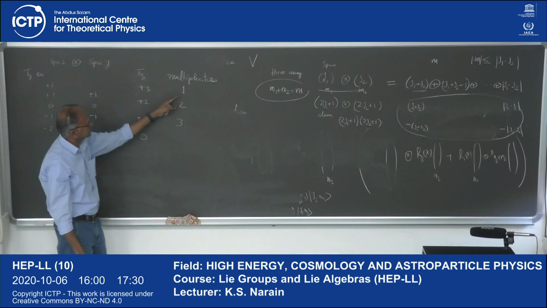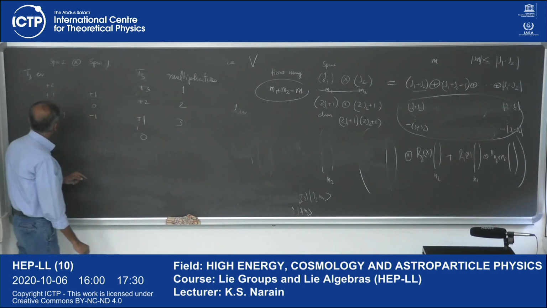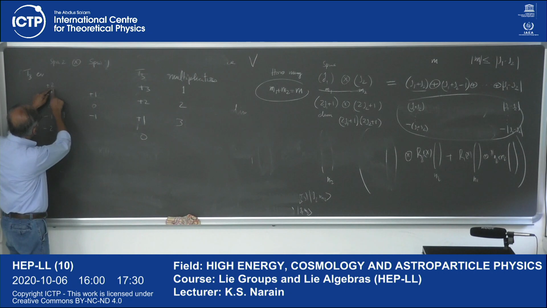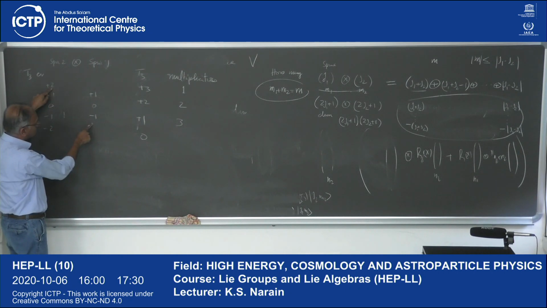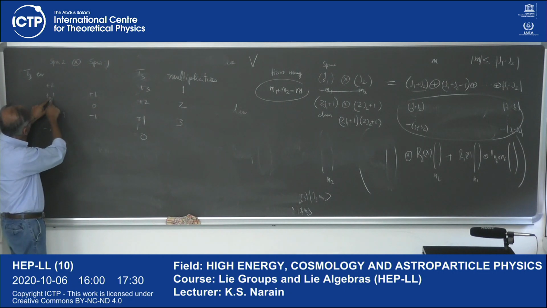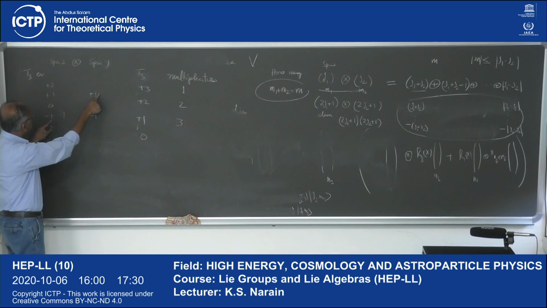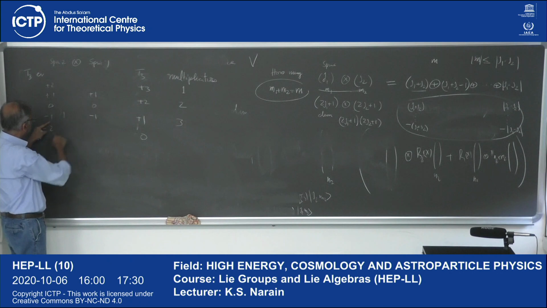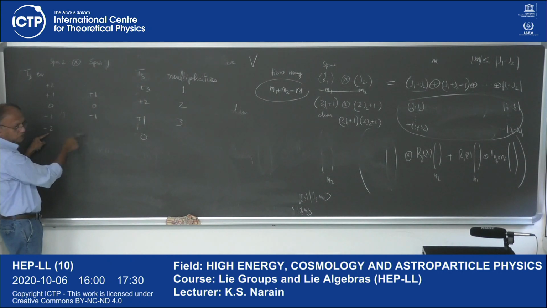You see this increases by 1. The question is about 0. If I start with plus 2, I can never get 0, because here there is no minus 2. The best I can do is to start with plus 1 and minus 1, 0 and 0, and minus 1 and plus 1. Minus 1 again cannot give you 0.